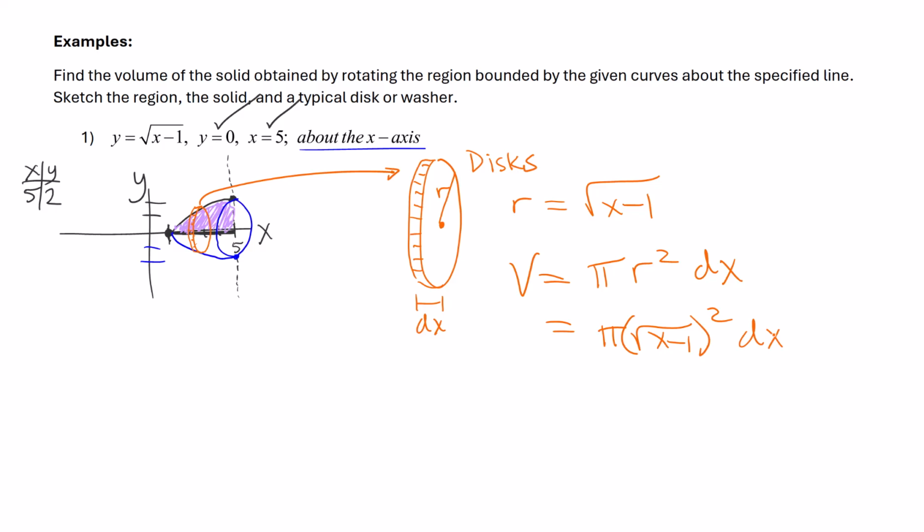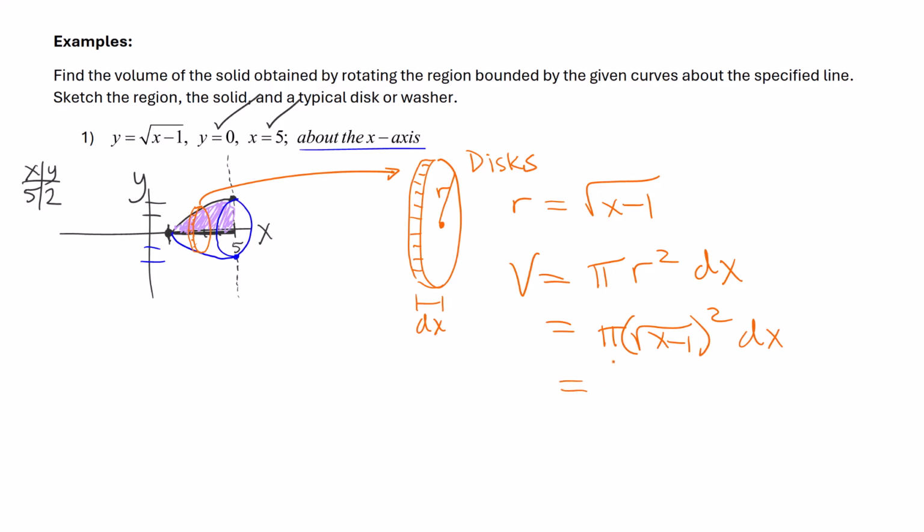Now we want this volume not just for one disk, but like I said, for an infinite number of them that would make up this three-dimensional solid figure. And that's where we're going to use our calculus to add up so many of those that we don't even have to draw them. We can represent them theoretically. And let's do a little basic simplification because this will make our lives a little bit better in a second.